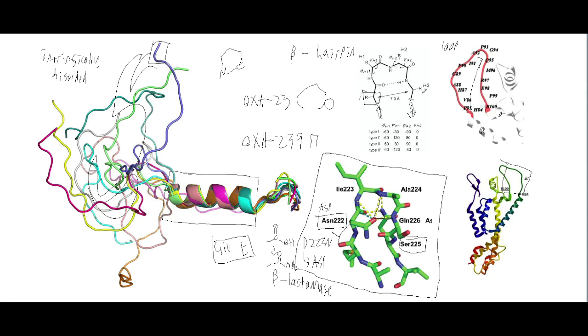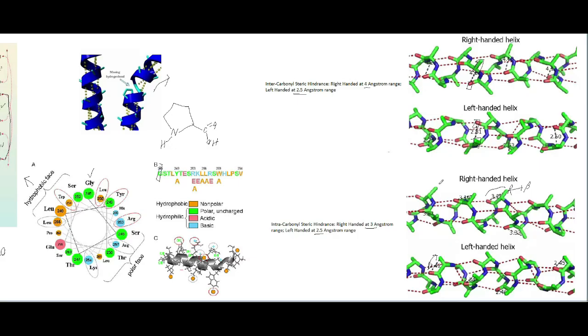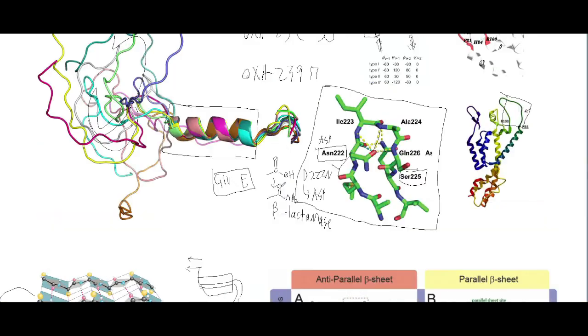And so we can see that we can turn a loop structure into this beta hairpin by just mutating the amino acids in the sequence here. And so that's sort of these different structures that we find in between the beta sheets and the alpha helices.